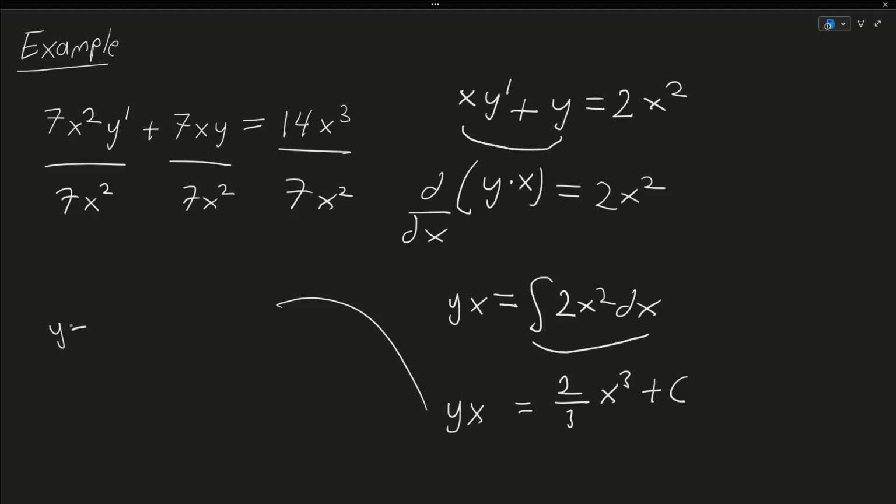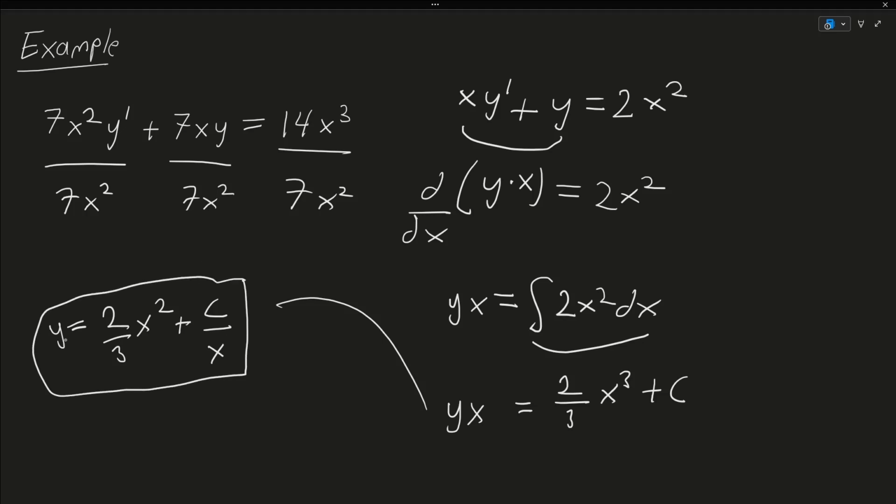So y will be equal to 2 over 3 x squared, since I'm dividing x cubed by x, plus c over x. So this is the explicit solution of my differential equation. If we were given an initial value, we would be able to plug the initial value over here and solve for c, and this will generate a particular solution.